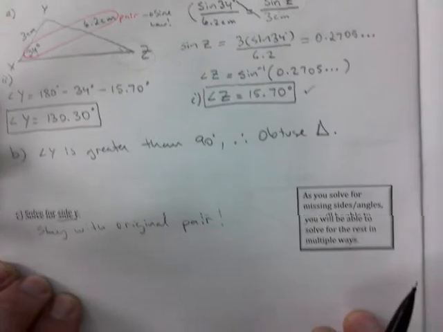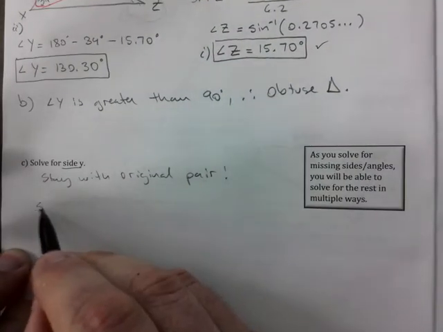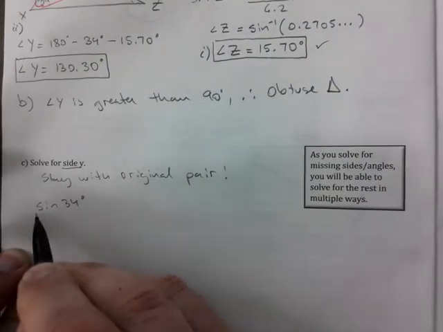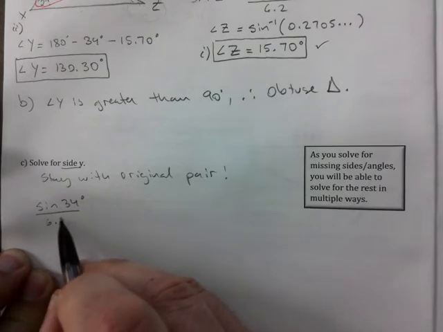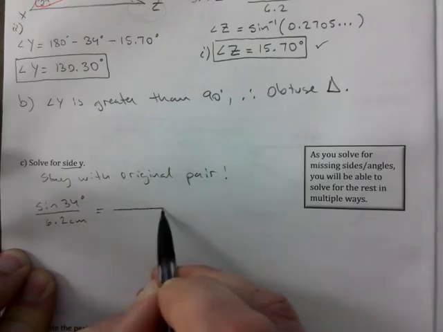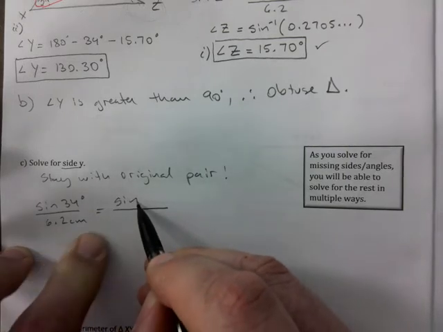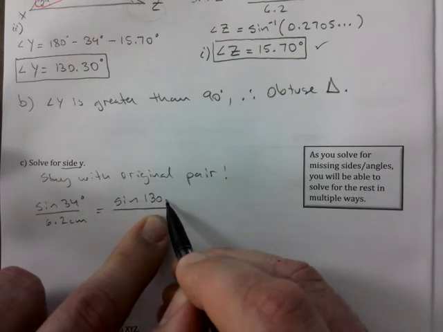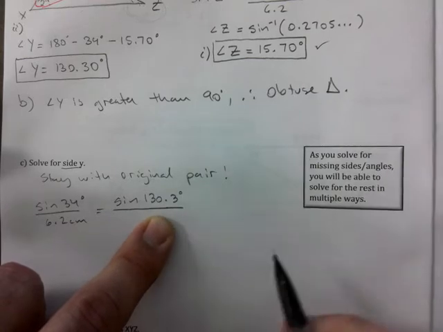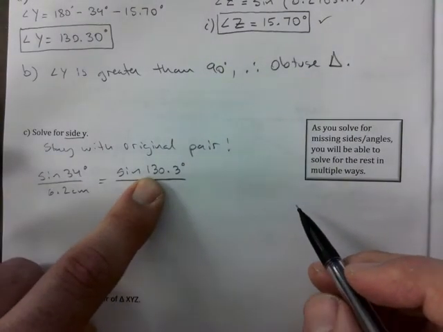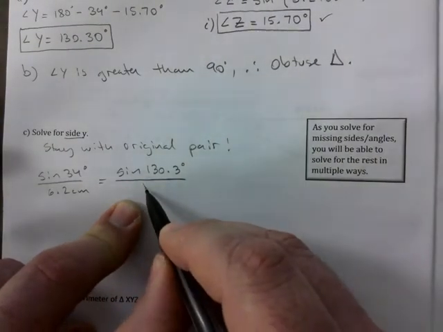That's just my suggestion. So I'm going to go back to sine of 34 over 6.2 centimeters is equal to sine of, if I want side Y, I need to use angle Y as my angle on the other side. And so side Y, absolutely, you can just have the letter there.